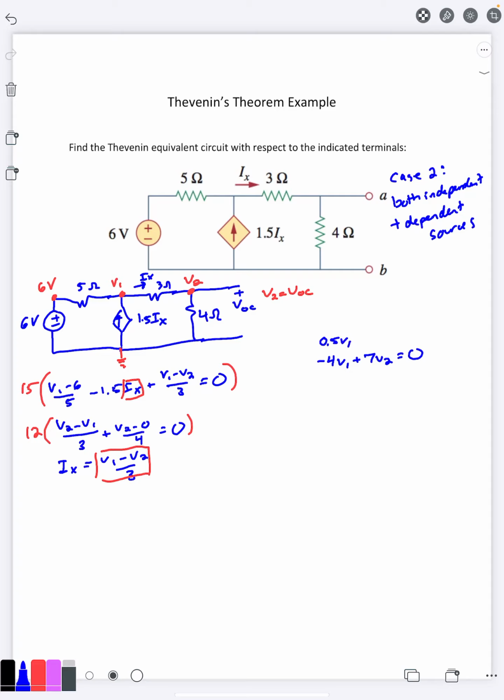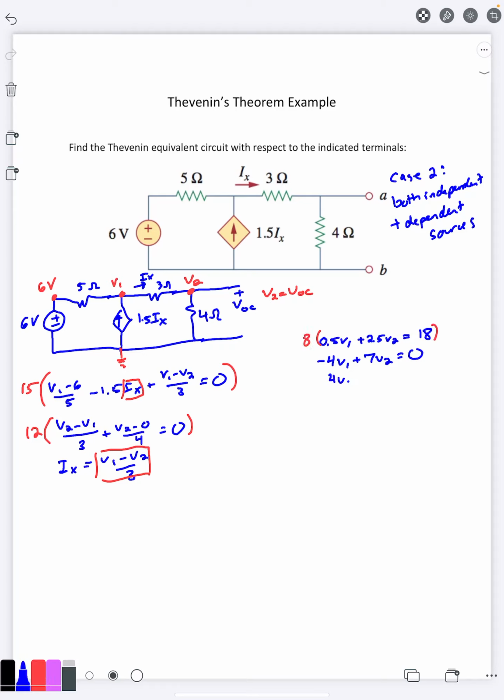And then for V2 here, we're going to have plus 7.5 minus 5, which is plus 2.5 V2, and then 15 times minus 6 is minus 18, so 18 on the right side. I can go ahead and multiply this top equation by 8.